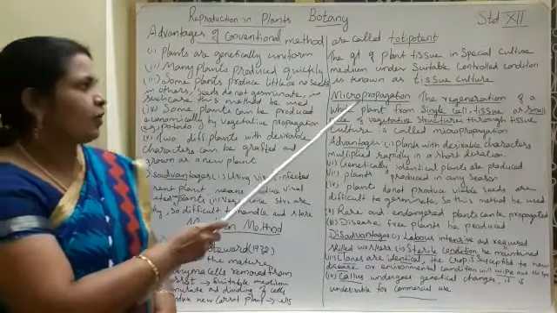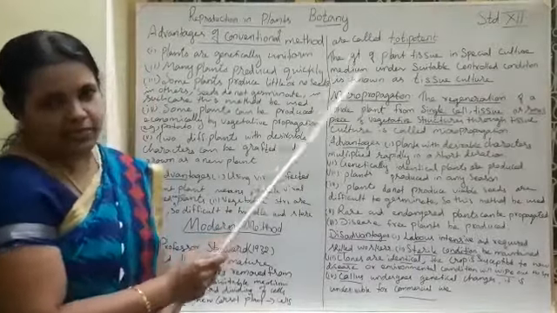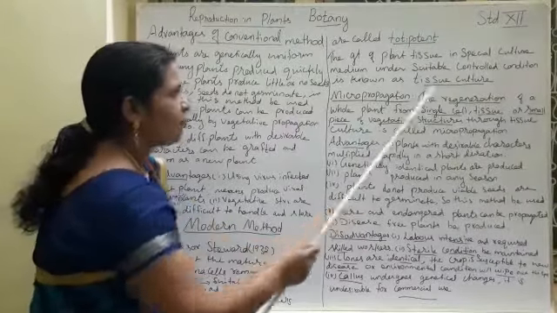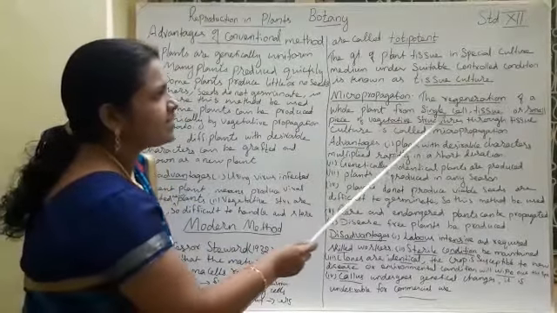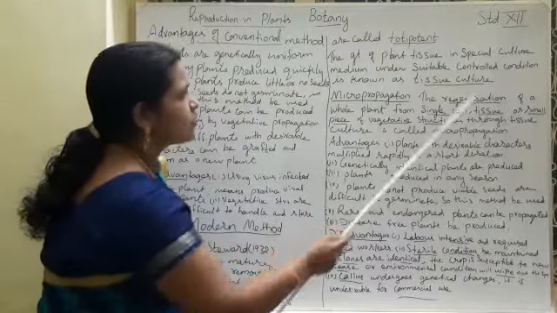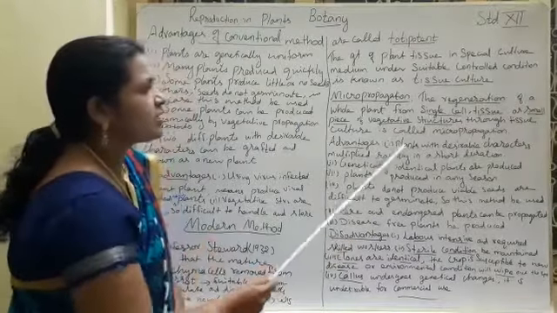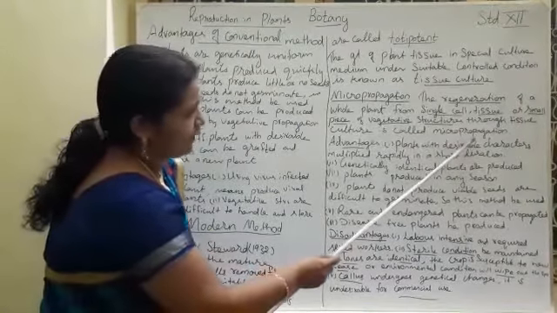Next one, micropropagation. What is micropropagation? The regeneration of a whole plant from a single cell, tissue or small piece of vegetative structure through tissue culture is known as micropropagation.